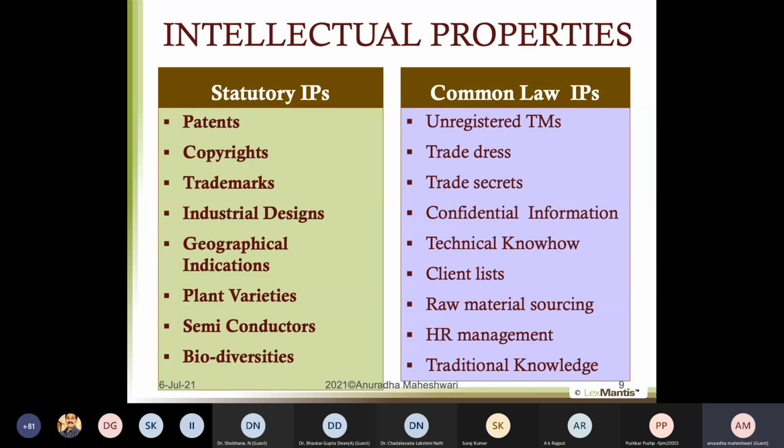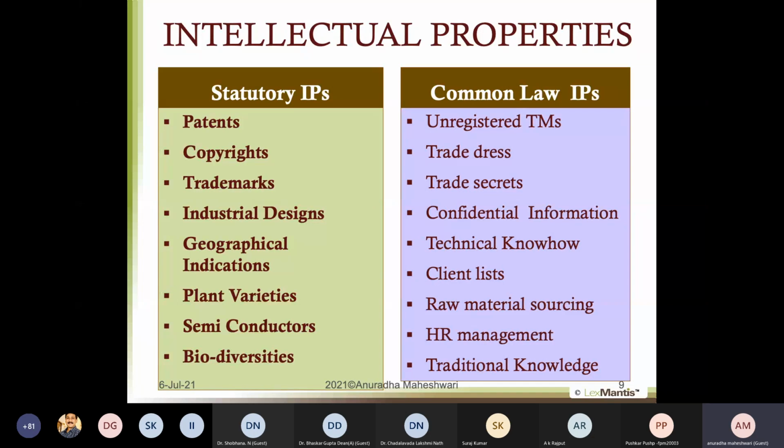Last but not the least, on which India has fought a few battles, is traditional knowledge. That knowledge which is known for centuries, exists in the public domain, and is coming from a particular region or area.